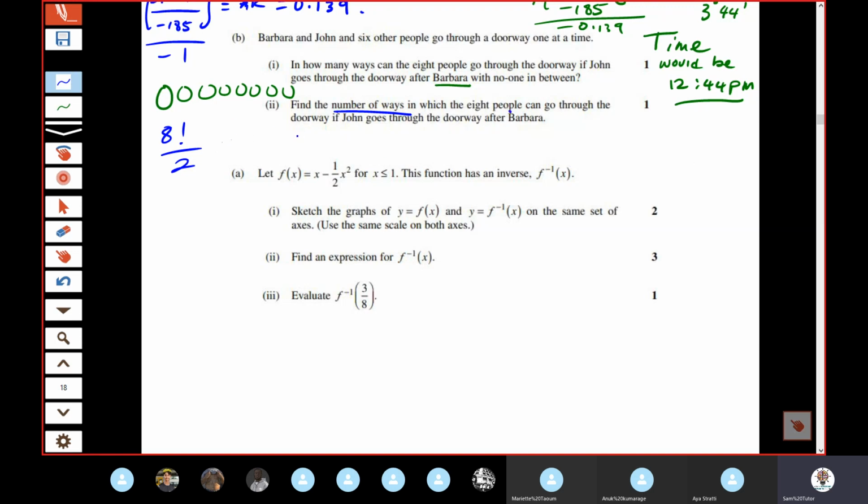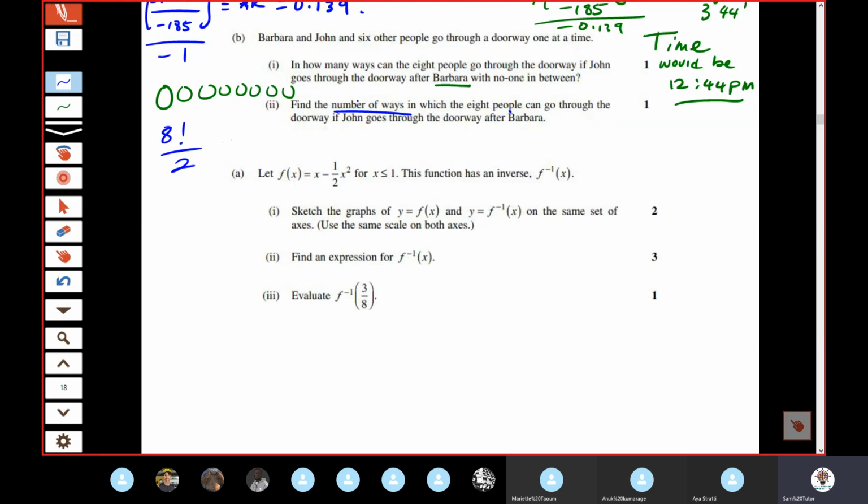Find the number of ways in which the 8 people can go through the doorway if John goes through the doorway after Barbara. I don't want to do it the long way. The number of ways 8 people can go through the door would be 8 factorial, but Barbara can walk through ahead of John only half of these times.